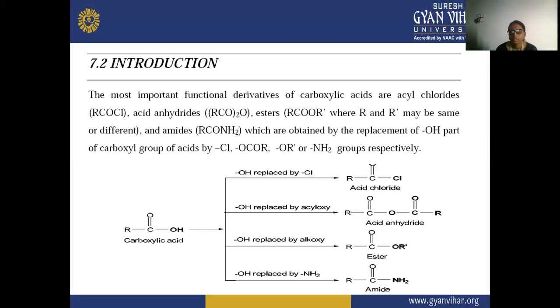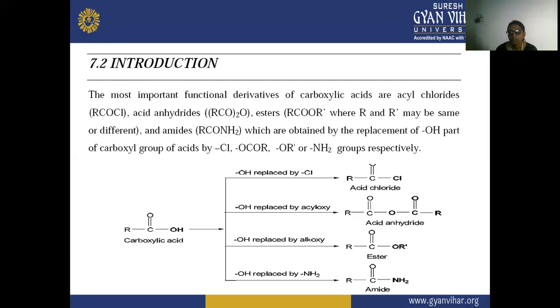So this is the introduction of carboxylic acid derivatives. These are the important functional derivatives of carboxylic acid: your acyl chloride, acid anhydride, esters, and amides, which are obtained by the replacement of the OH part of the carboxylic acid by Cl, OCOR, OR dash, and NH2.